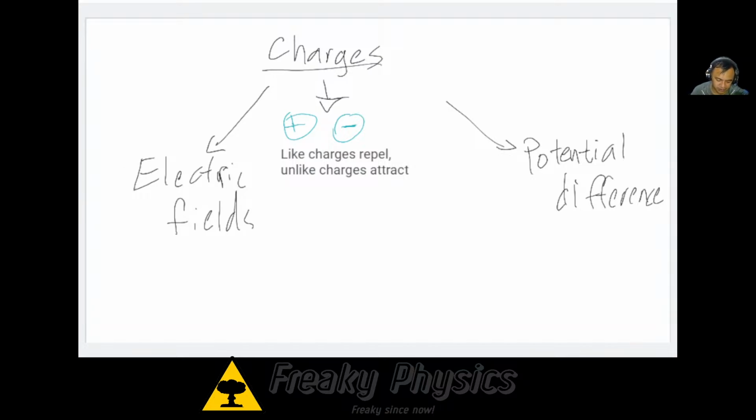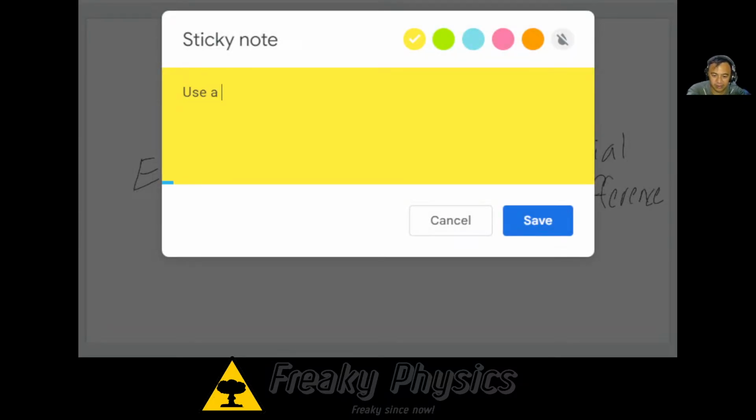How do you draw these? To draw electric fields, you will always need a test charge. So use a small positive test charge. When you use that small positive test charge, you need to see how it moves around another charge or an electric field, in the presence of an electric field.